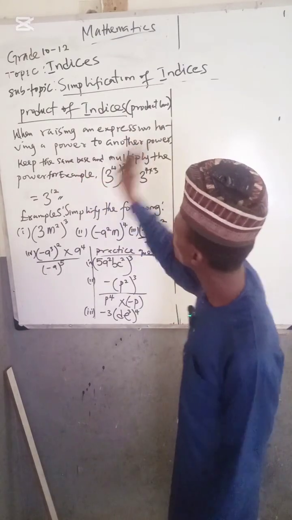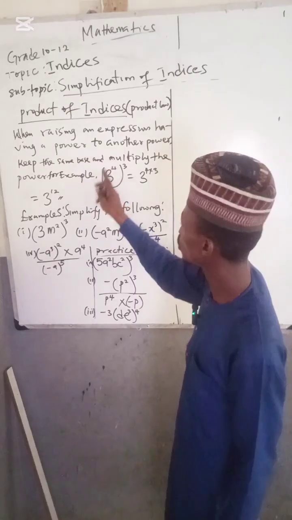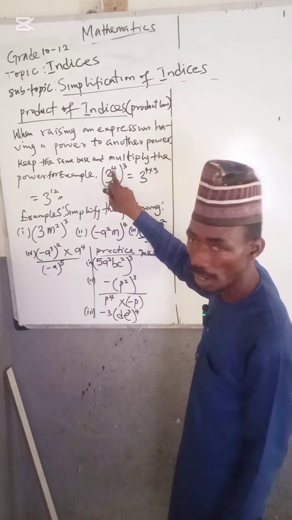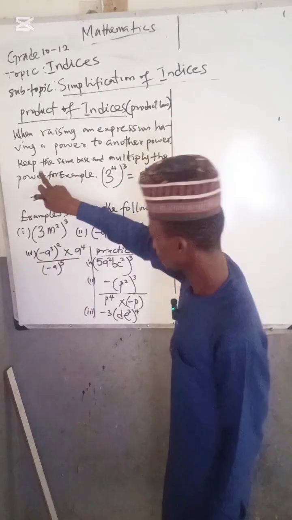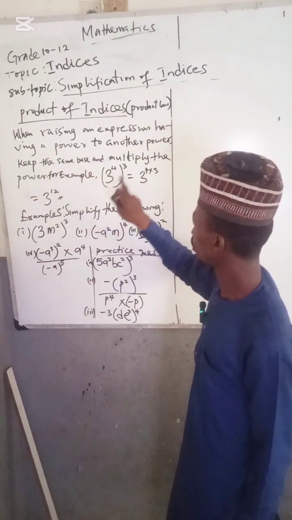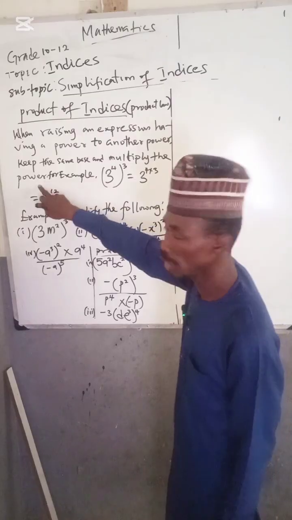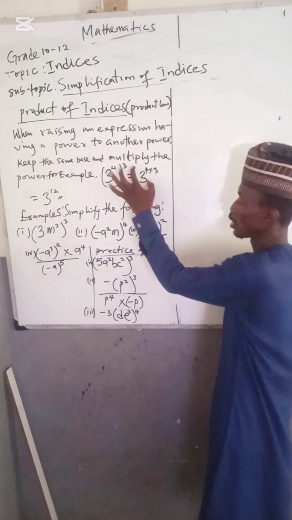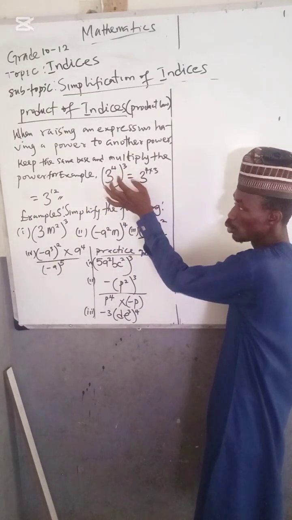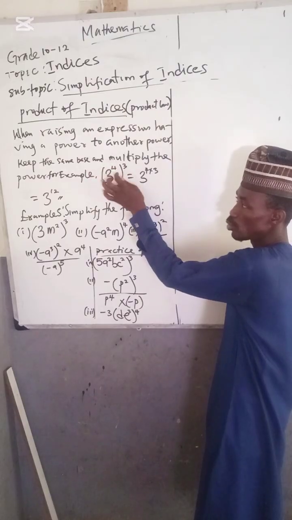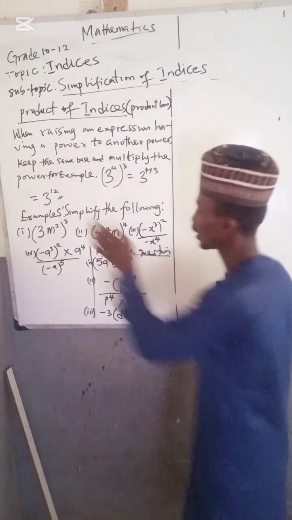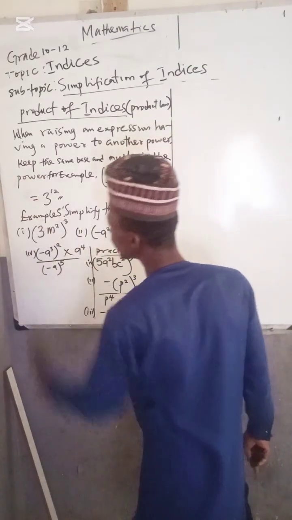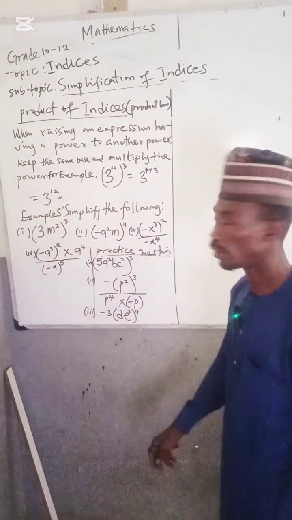So when raising an expression having a power of 4 to another power, keep the same base and multiply the powers. So we kept this base, and we multiply the two powers. That's what the law is saying. And you can see our final answer is 3 raised to the power of 12.